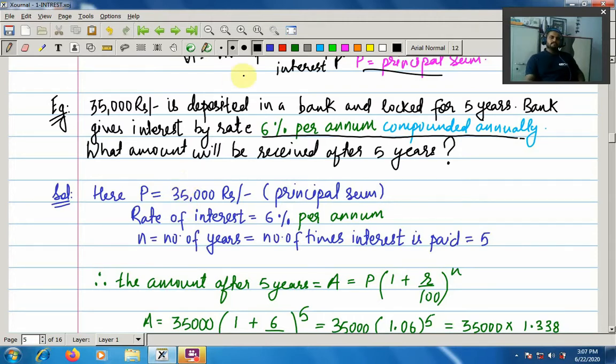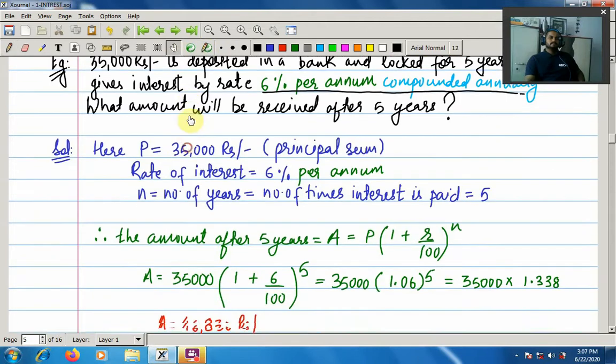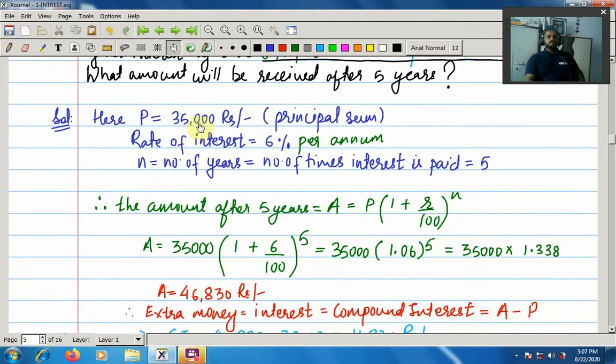So let's use the formula. Here the principal amount is 35,000 rupees. Rate of interest is 6% per annum, and I haven't written compounded annually, so I must write it here.